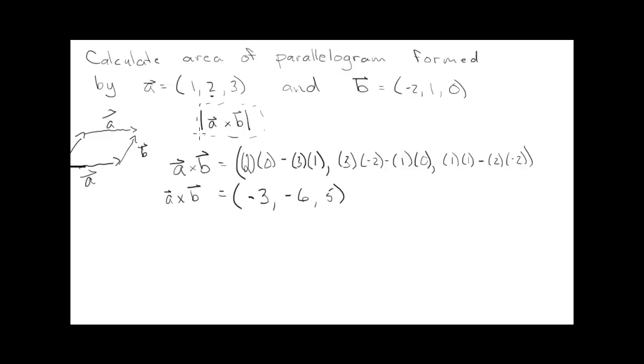So now, to get the area of the parallelogram, we just take the magnitude of this vector. The magnitude of a vector is equal to the square root of its components squared and added together. So that's just your magnitude formula.